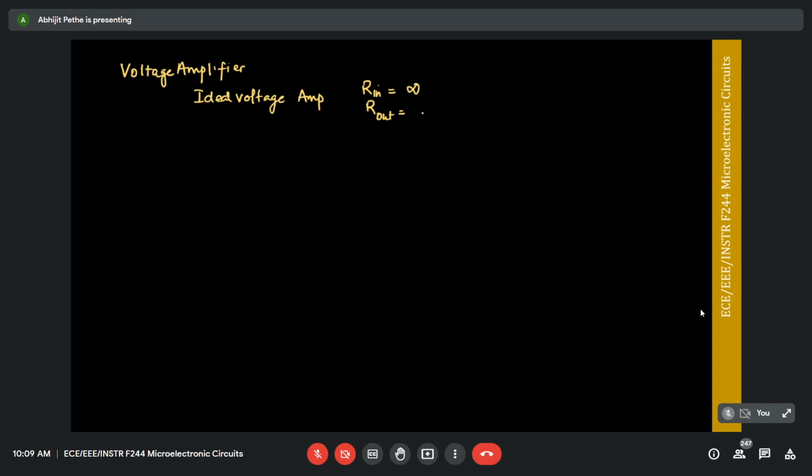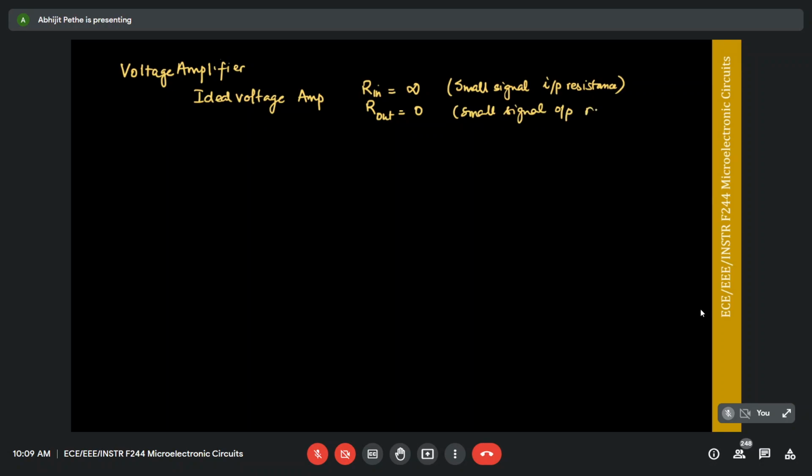Now let's look at our circuit. Remember, when you're doing a voltage amplifier, these Rin and Rout are nothing but the small signal input resistance and the small signal output resistance, right?